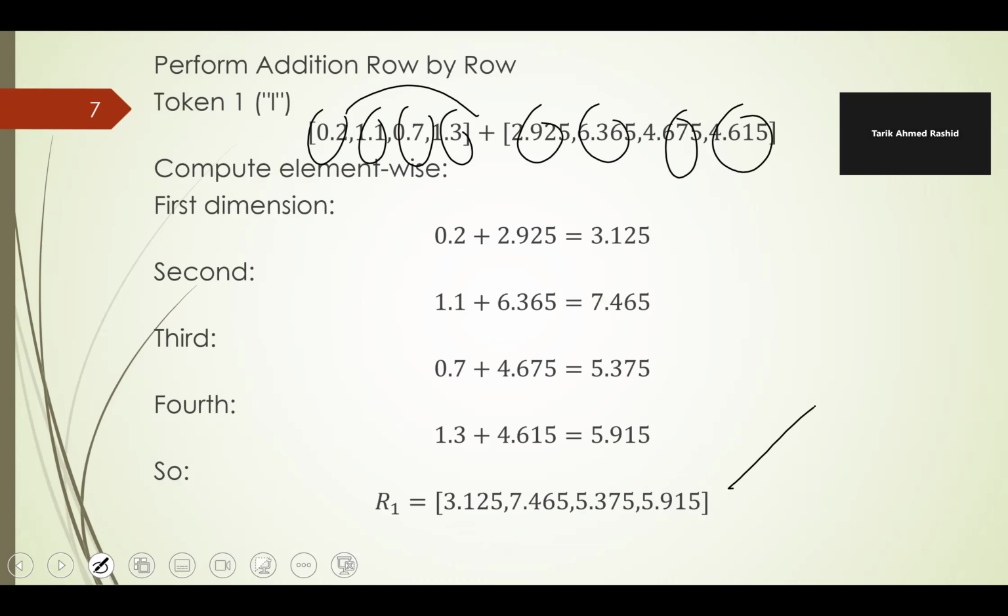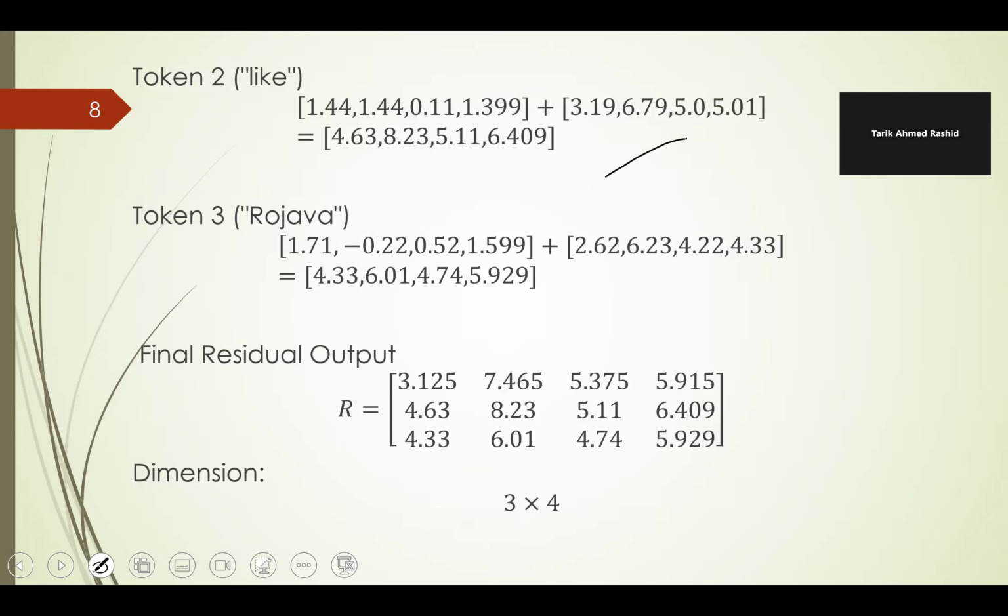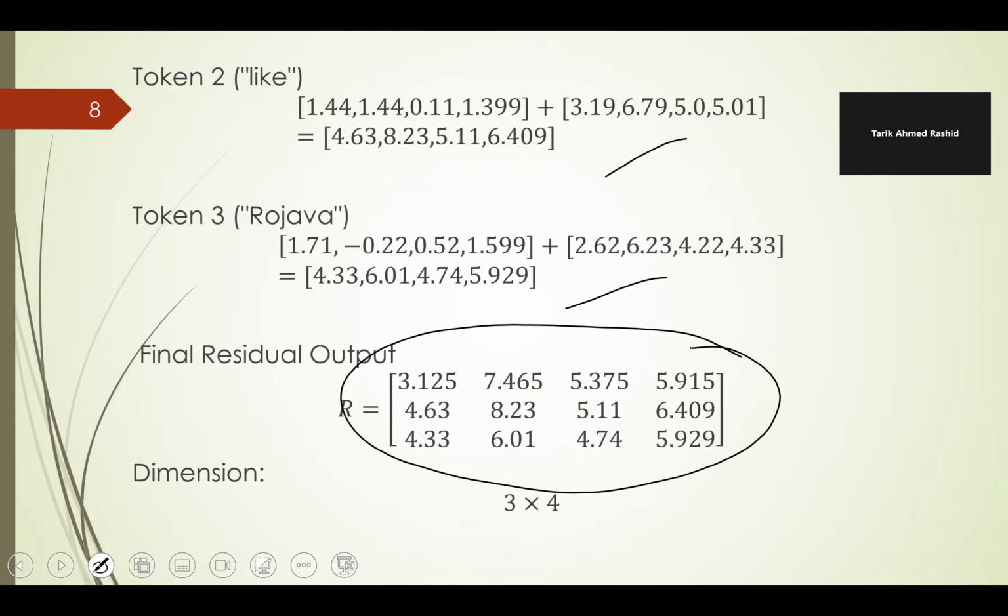That's how we get R1, the residual array, and we get R2 for like, and R3 for Rojava. So that's the result of this layer, which is residual, skipping a layer, and we add the original to the output of the multi-head attention.